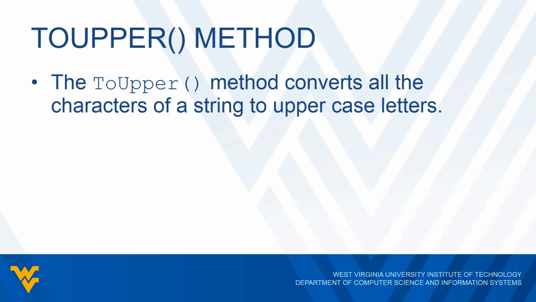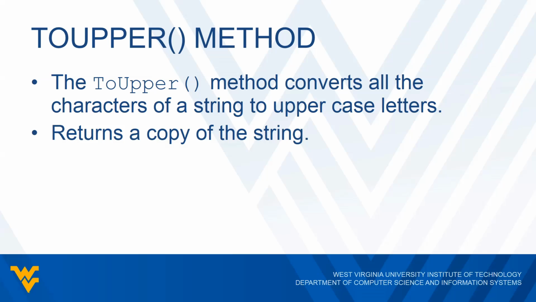The big thing to note is that this is going to return a copy of the string. When we invoke this method on a string variable or a string object, we're not actually changing that string variable. This method is going to return a completely different string with the new characters.